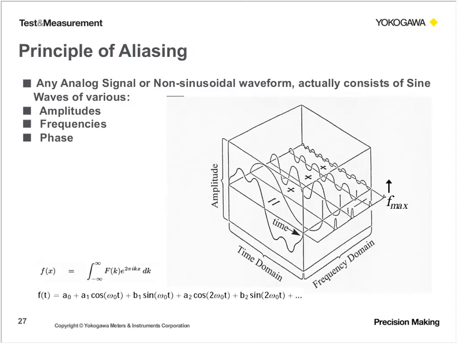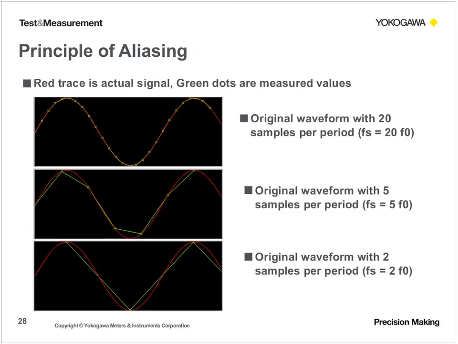When you break it down and look at the frequency domain, you'll notice that each time domain signal can be represented by multiple frequency signals with a maximum frequency amplitude. So to give you an example, the red trace here that you see is the actual signal. This is a signal that we're trying to measure.